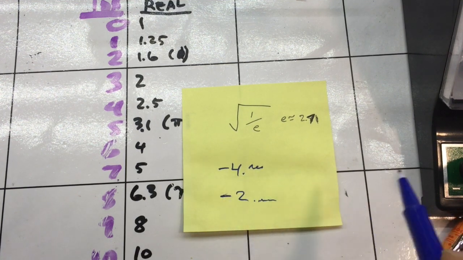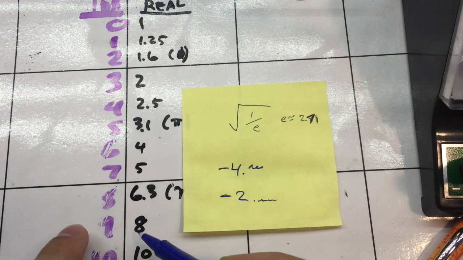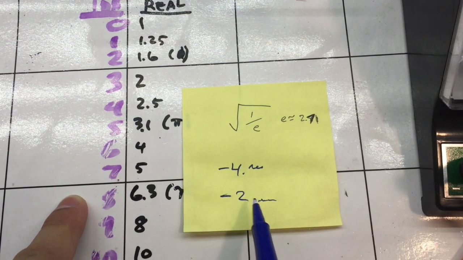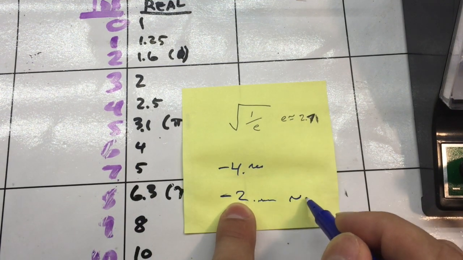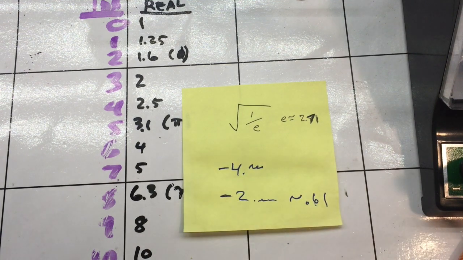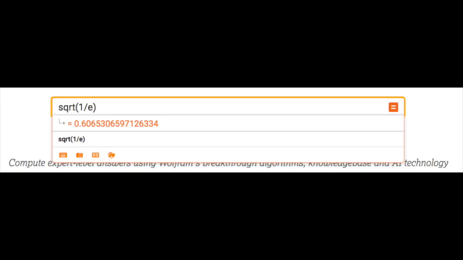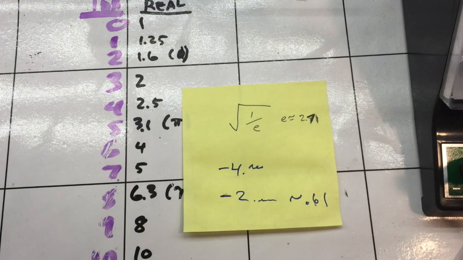All right, so what's -2? 0, 1, 2, 0.63. A little bit of change, so we get a little bit farther here, 0.60, maybe 0.61. And let's see what Wolfram says about that answer. How accurate did we get? 0.6065. So our estimate of 60 or 61 was right in the ballpark.